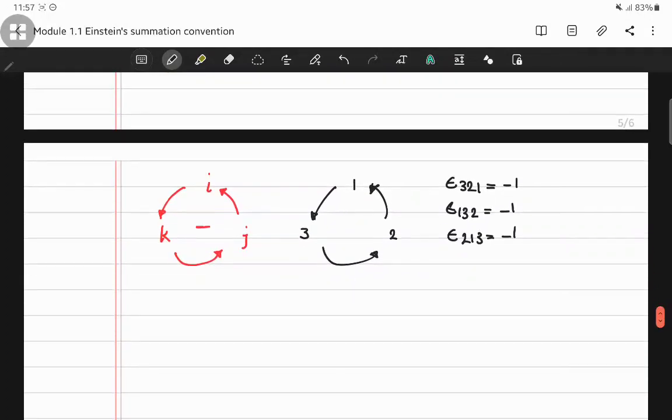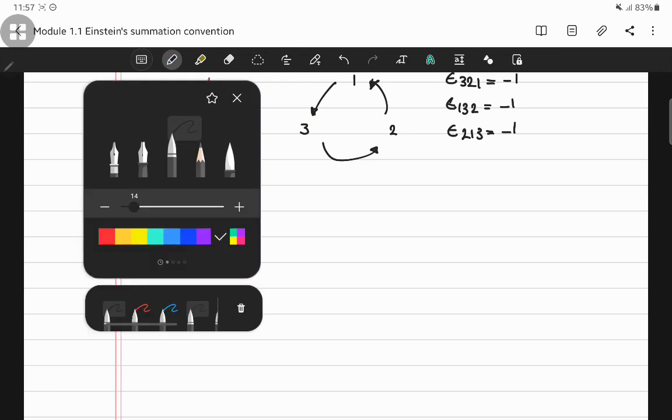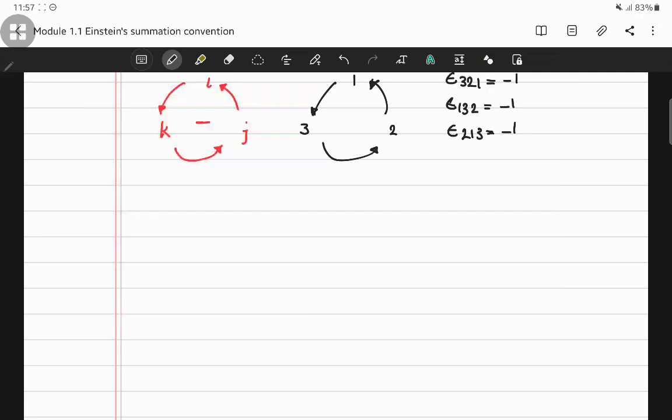We also have some other rules which I would like to mention here. So we have the cross product and we have the dot product. So you know the dot product maybe from high school or from bachelor's.